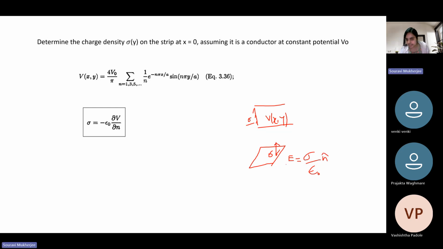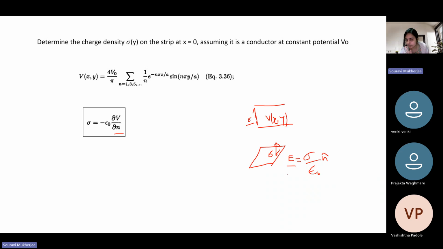And E is nothing but minus grad V. So if you know V, you know E. Once you know E, you can use this relation to find sigma. That is what is being done here. Del V del N is nothing but grad V, so you're using this relation.